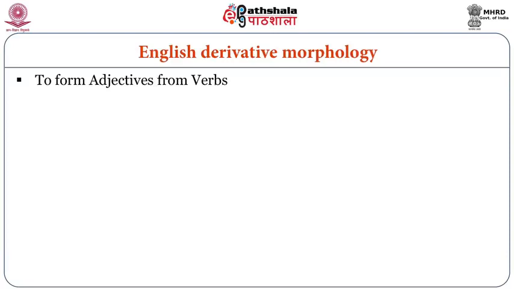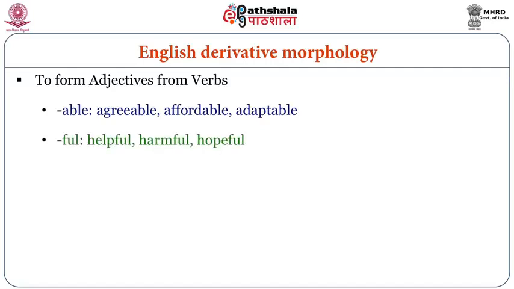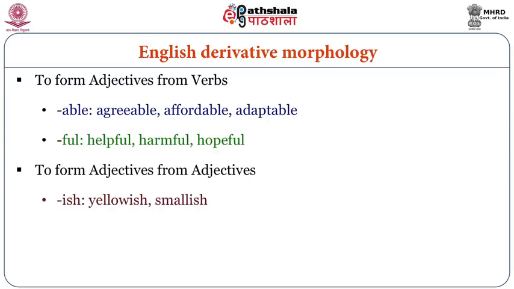Now, to form adjectives from verbs, with able, we can say agreeable, affordable, adaptable. If we say ful, then we have words like helpful, harmful, hopeful. But when we form adjectives from adjectives, with ish, like yellowish, yellow is something, and yellowish, then smallish.